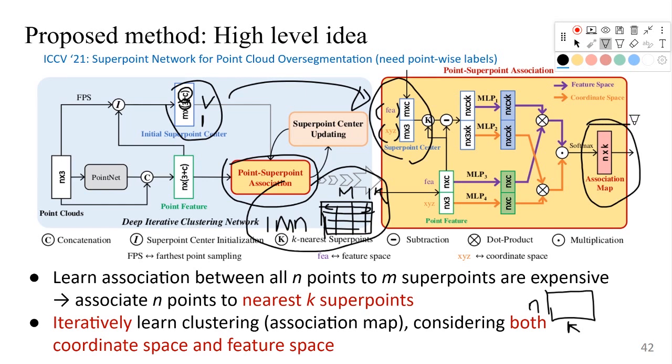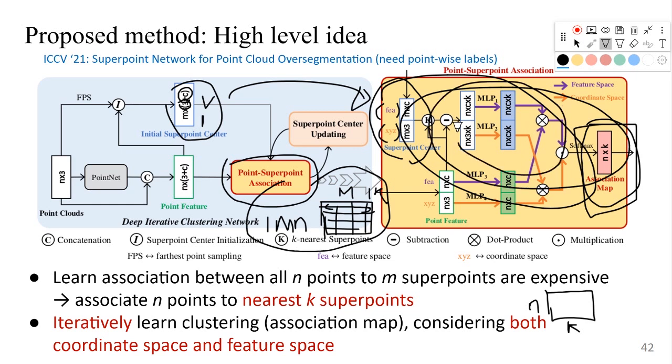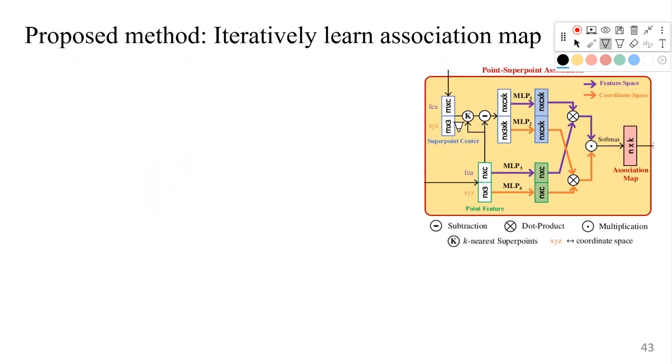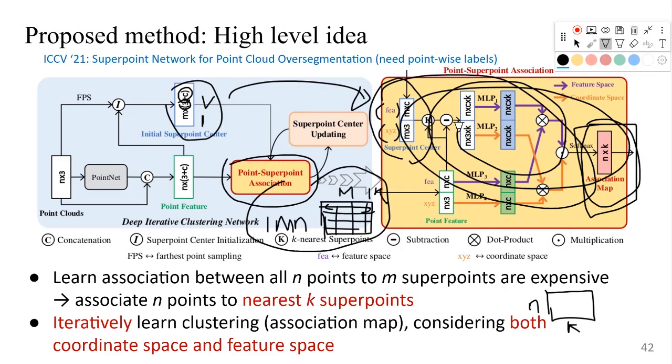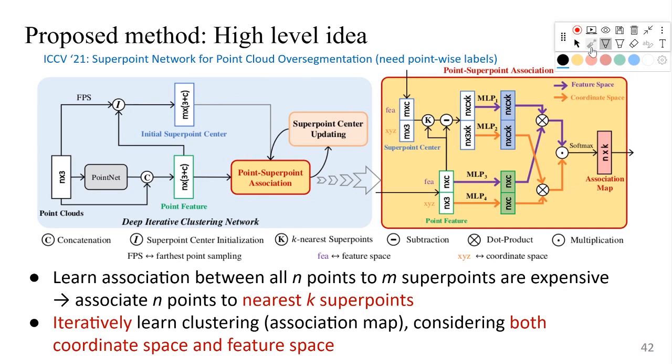Again, we use this association map to compute the new centers. Then using these new centers, we compute the association map again, and we iterate again and again until we converge to a good superpoint decomposition. So this is the overall pipeline.